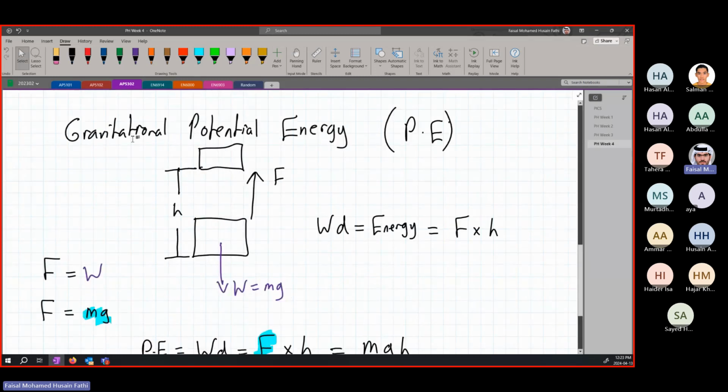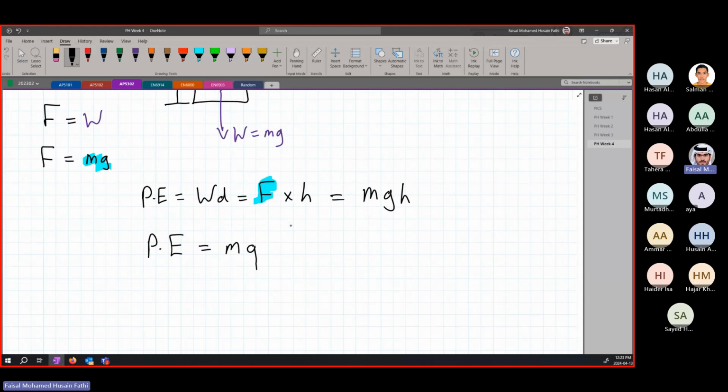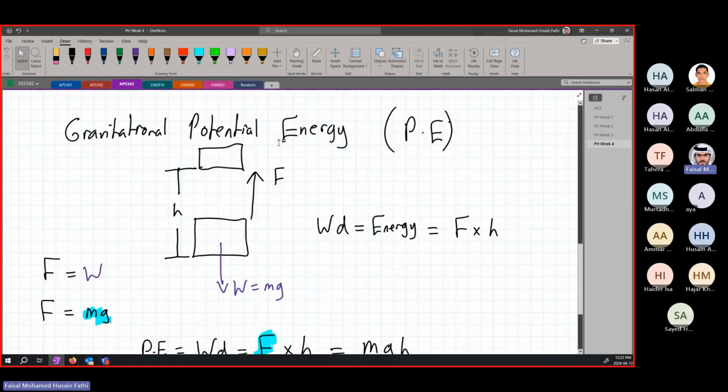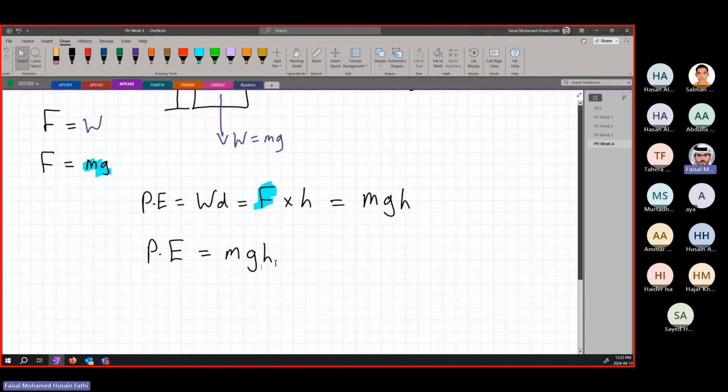So we're basically trying to relate it to the gravity that is being applied to it. So potential energy is going to be equal to mgh. Very simple, very straightforward. I believe this is also in the formula sheet, so there's no need for memorization. This is just so I can explain to you the concept of gravitational potential energy.